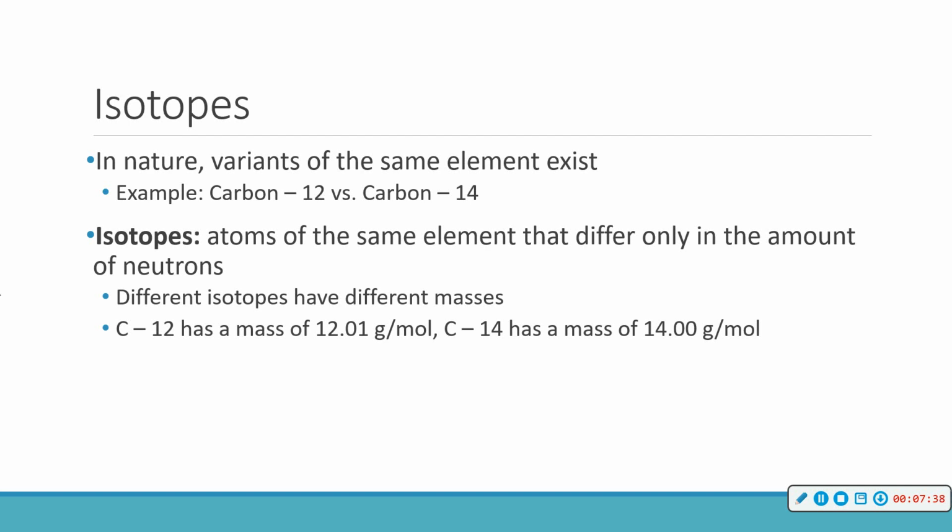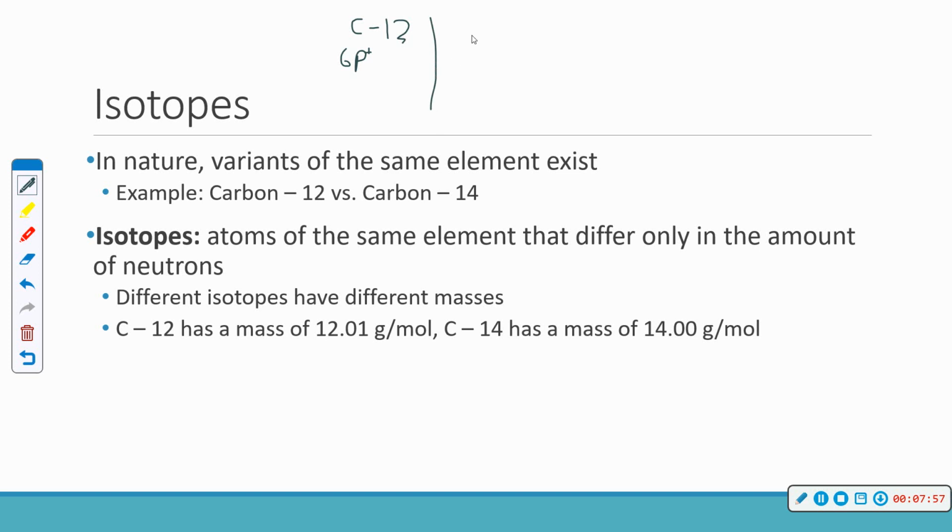Now what we can do is we can actually solve for the number of protons, neutrons, and electrons in both of these. Recall that carbon has an atomic number of 6. So when looking at C12, you would say that it has 6 protons.